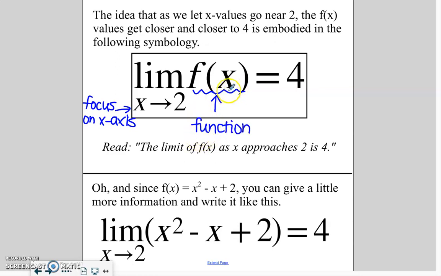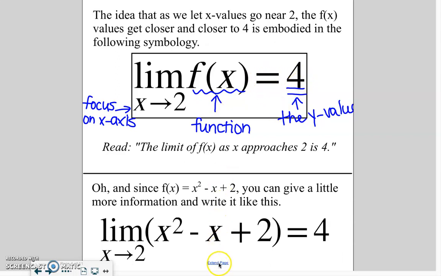Usually it's going to be the equation. Sometimes it's just written in generics like f of x. And then 4, in this case, was the y value. Okay, so then this notation, the way you would read it out loud is you would read it as the limit of f of x as x approaches 2 is 4.